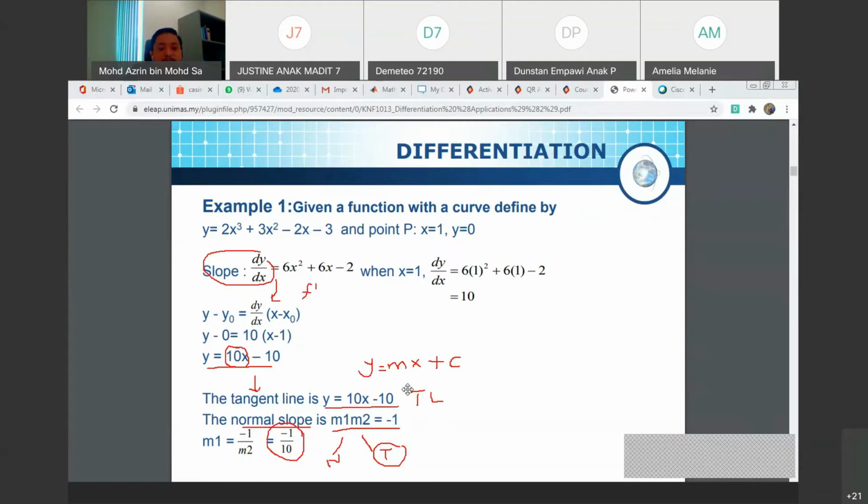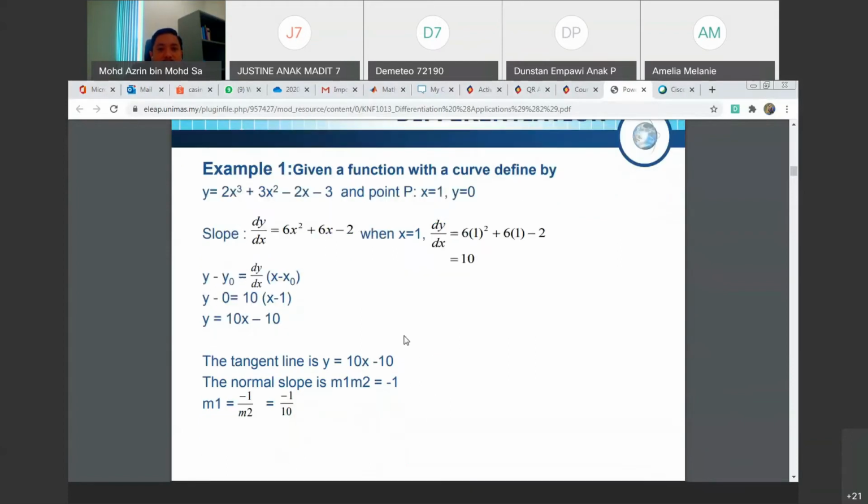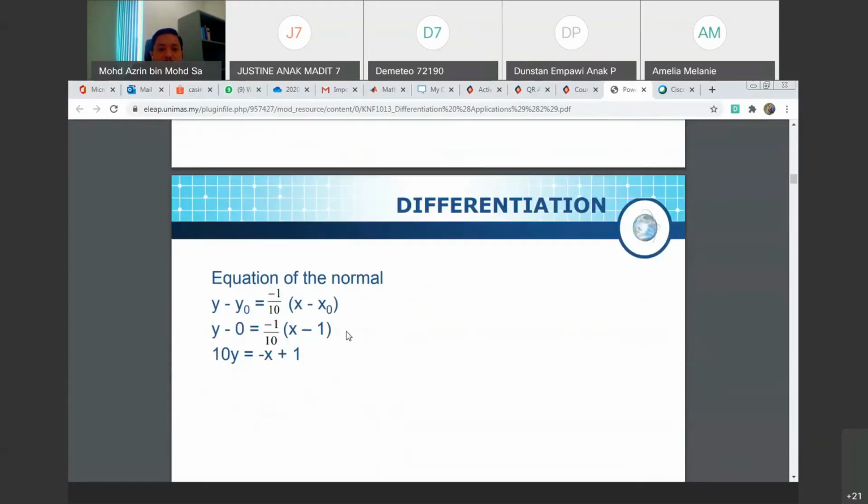So after you get the slope for the normal, now you can use the normal line formula or equation.